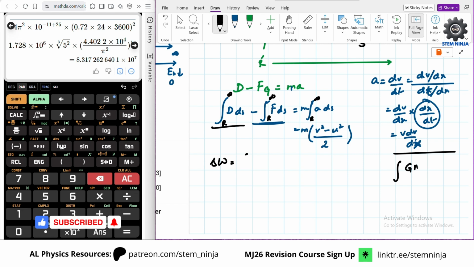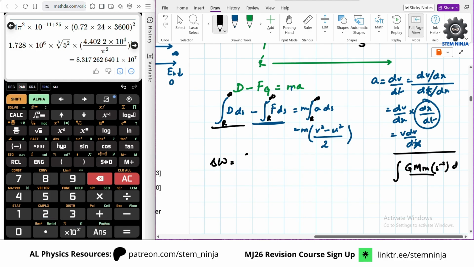So you have GMm times s raised to the power minus 2 ds from R to infinity. You get minus GMm over s from R to infinity.